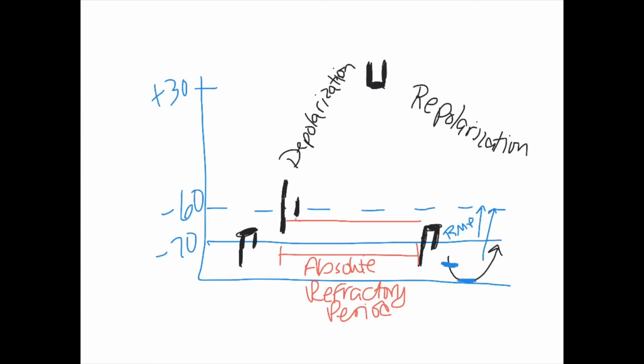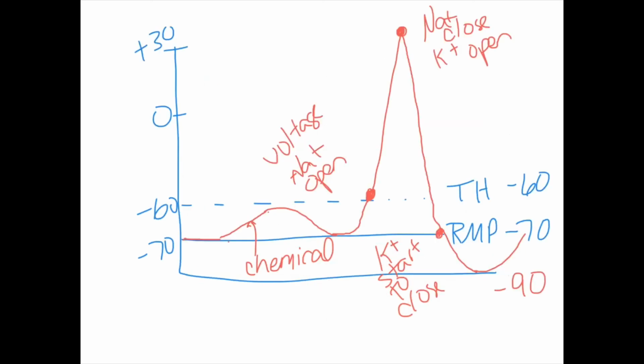Even if it's all the way down here, the gates still look like that. Could you get another action potential? Sure. But if we're down to negative 90, now you're 30 millivolts away, so you're going to have a much bigger stimulus. Does that make sense? All right, I want you guys to go home and study this.